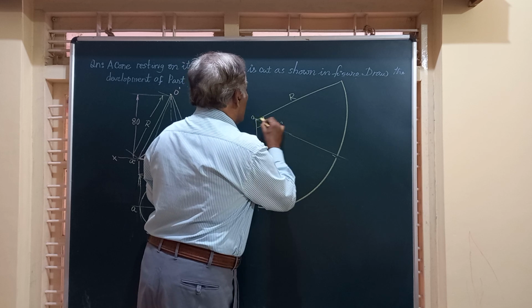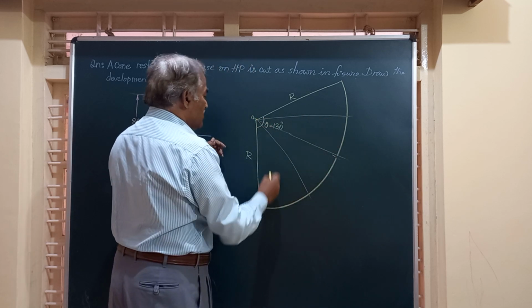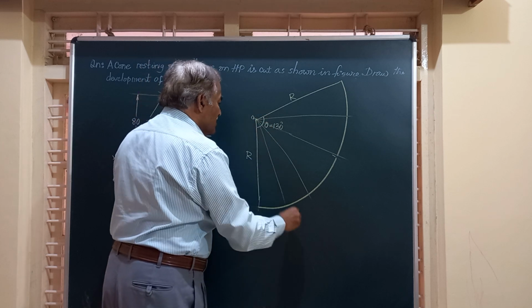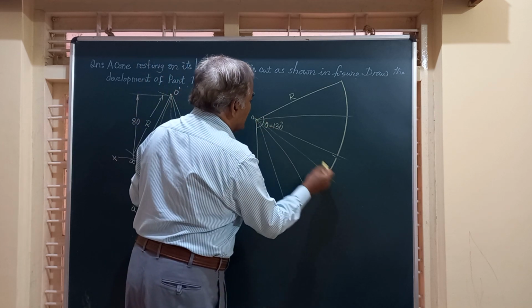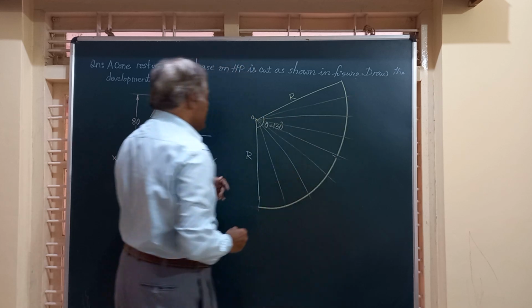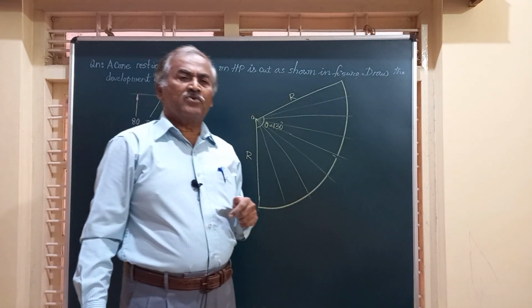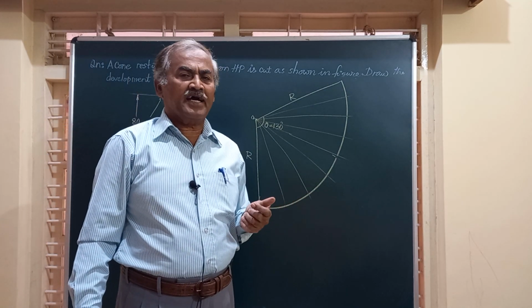This is 2 parts, 4 parts, and again in between you bisect those angles and get 8 equal divisions. Now this is the development of the cone for the given base and height.